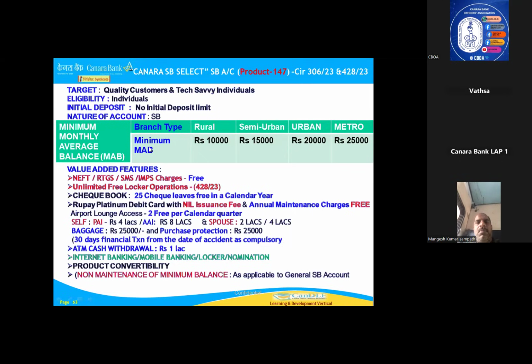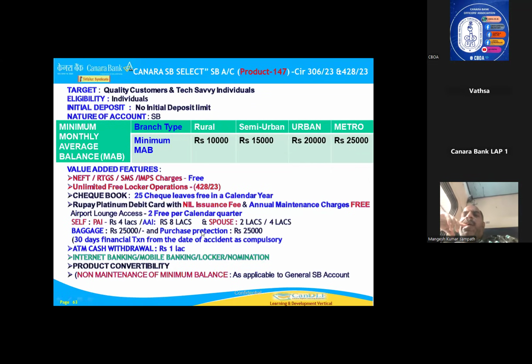See, in most of the products we are going to discuss, we will get all these things. NEFT, RTGS, SMS, IMPS charges free. Unlimited free locker operations. Platinum card, airport lounge access, 2 for domestic, 2 for international, and for spouse insurance 2 lakhs and 4 lakhs, baggage 25,000 and purchase protection 25,000, ATM cash withdrawal 1 lakh and POS withdrawal 5 lakhs, NFC 25,000.